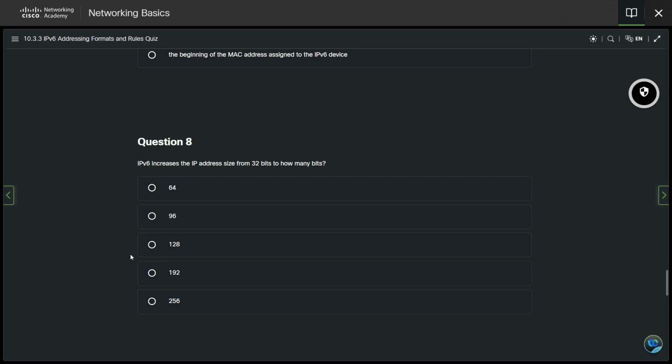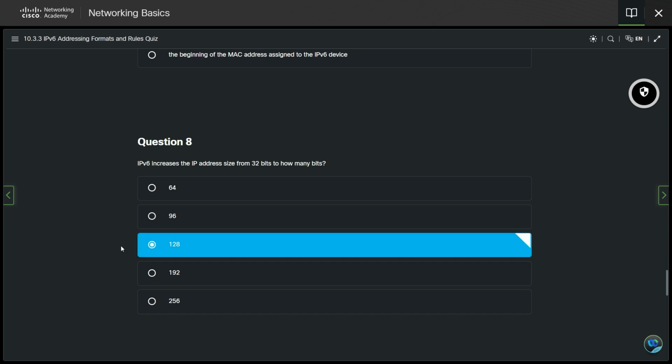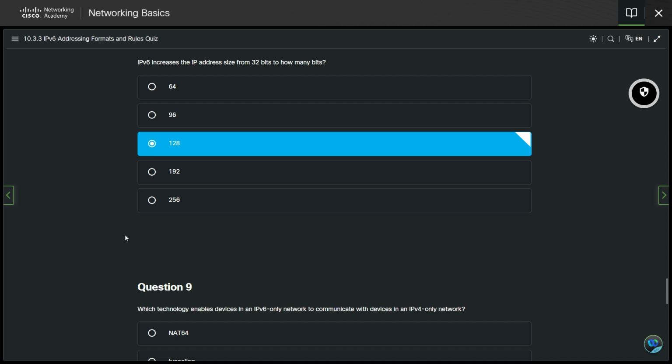Question 8. IPv6 increases the IP address size from 32 bits to how many bits? I don't remember how many, sorry, but I say 128. Yes, it's 128.